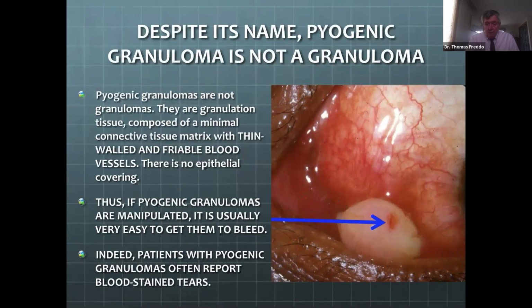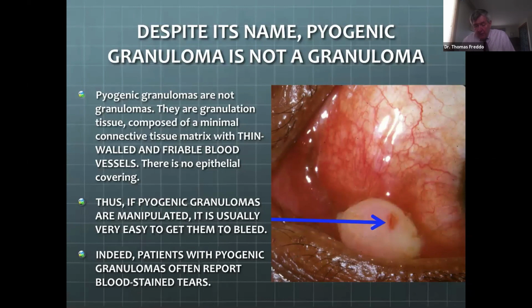As a reminder, again, pyogenic granulomas are not granulomas. What you're seeing here is another way in which pyogenic granulomas can occur.